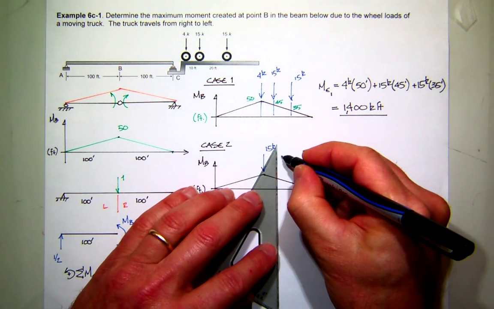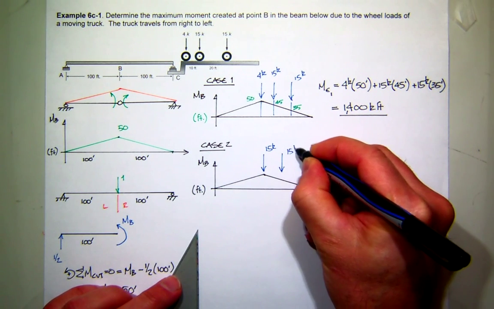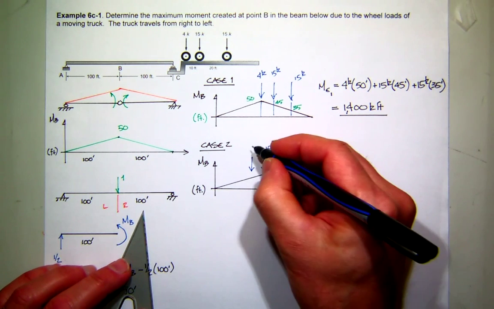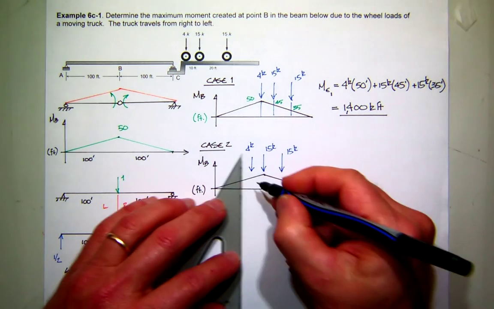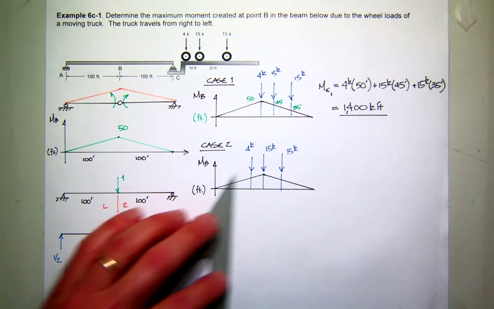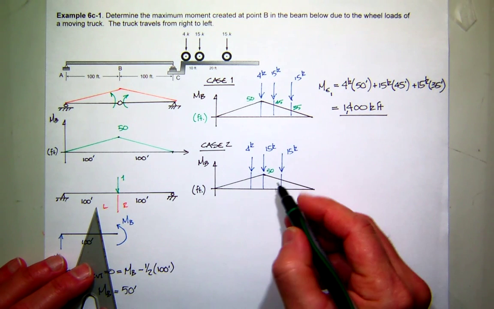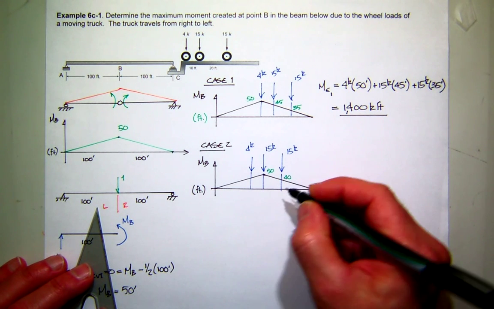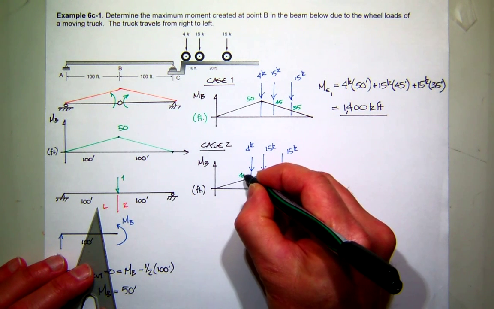And then 20 feet back is the other 15 kip, and 10 feet forward is the front 4 kip load. So I'm looking for these values. Now I know the top is 50. 20 feet back would be a loss of 10, so this is 40. And this is 10 feet, so a loss of 5, so this is 45.